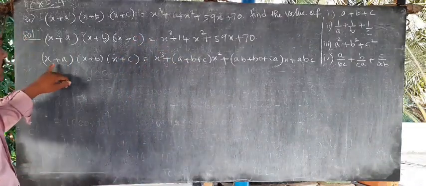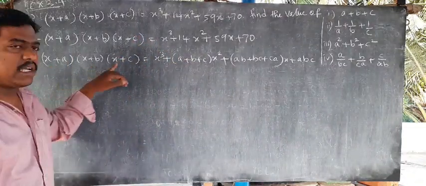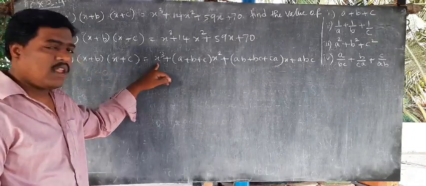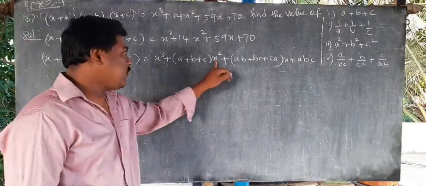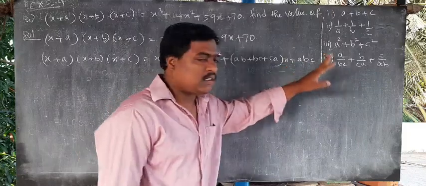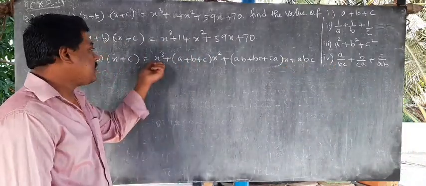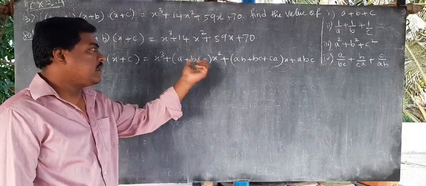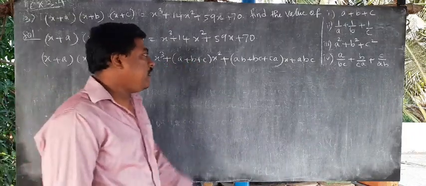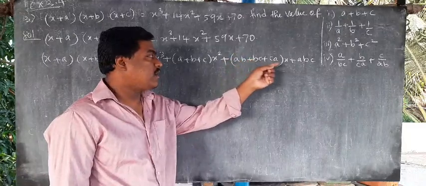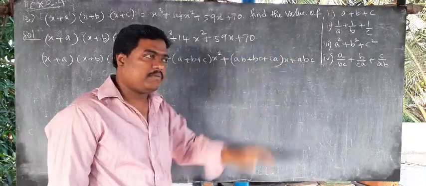So x plus A, x plus B, x plus C equal to first x cube, then x square, then x, then the constant term, that is without the variable x: x cube, (A plus B plus C) into x square, (AB plus BC plus CA) x, plus ABC.